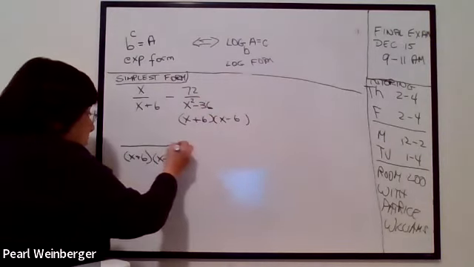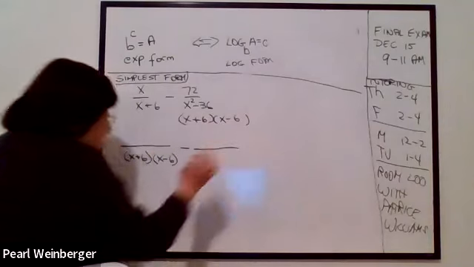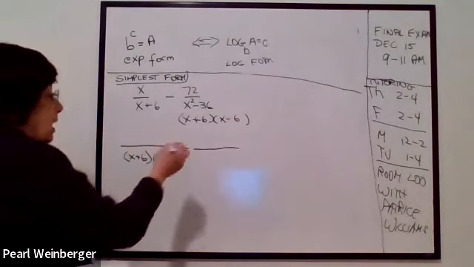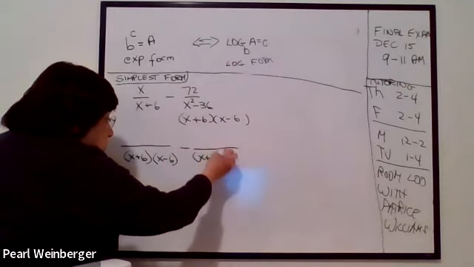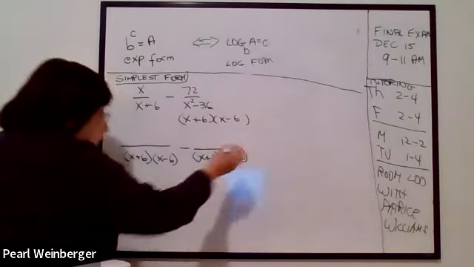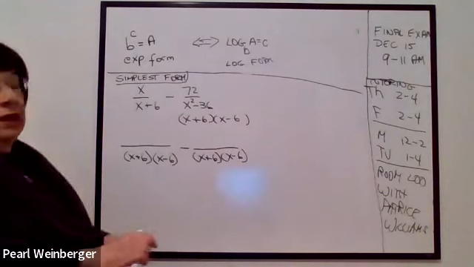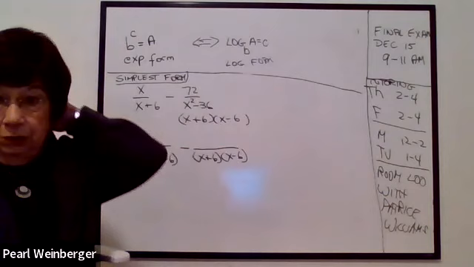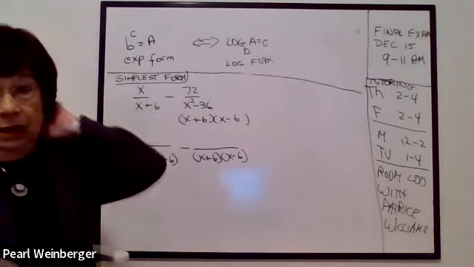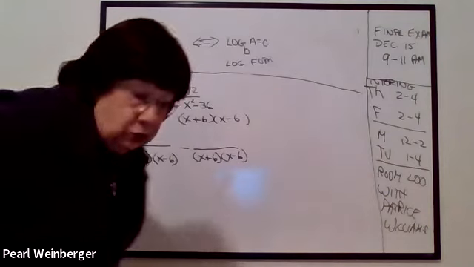And I'm not going to multiply by the common denominator. I'm going to make sure that each of the fractions have a common denominator of x plus 6 and x minus 6. So that's the difference between solving an equation and adding and subtracting the fractions.